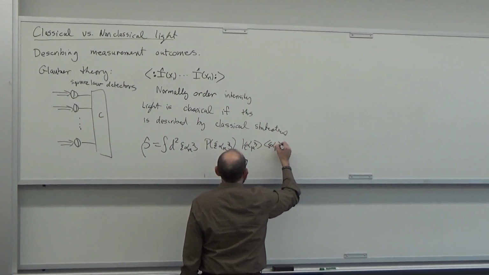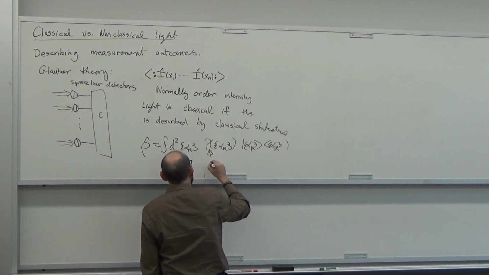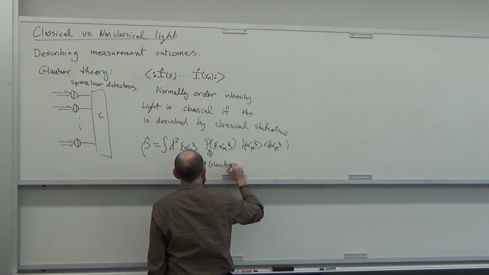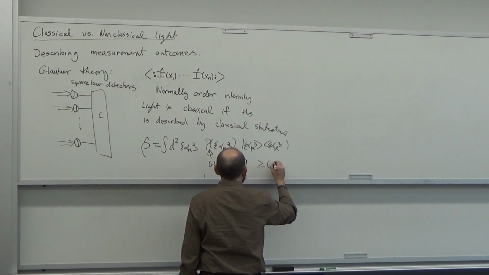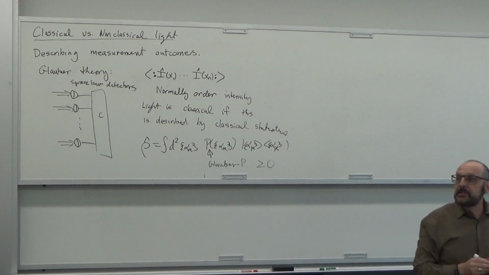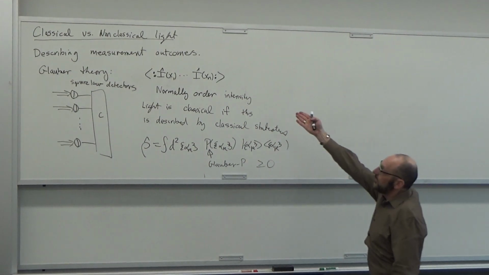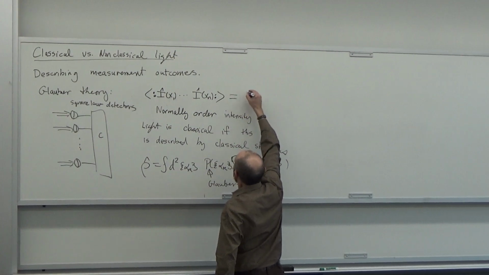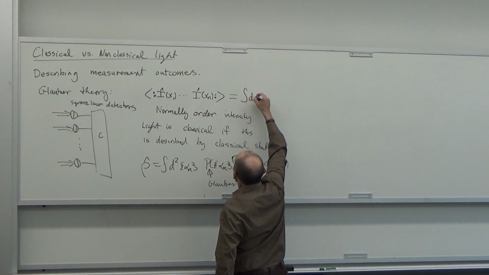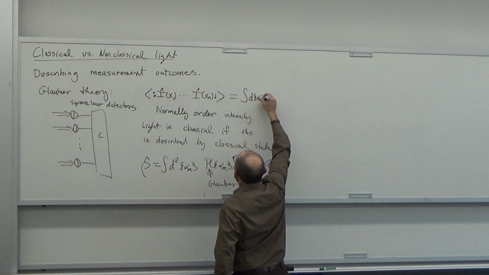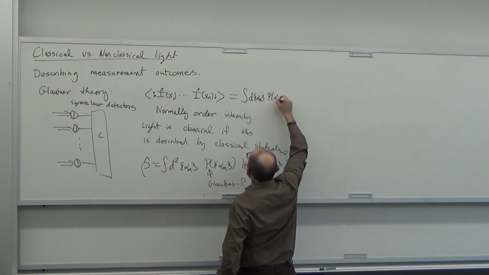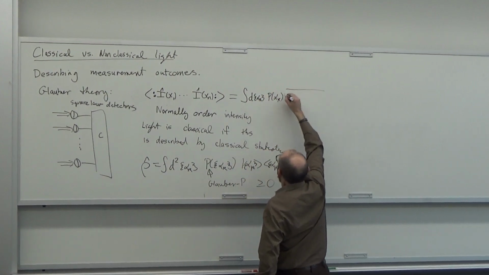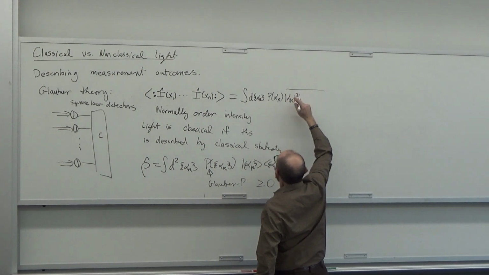When this Glauber P distribution was an honest-to-God probability distribution, then this thing, quantum mechanically, is just equal to the average over the probability distribution of the squares of the amplitudes, right?